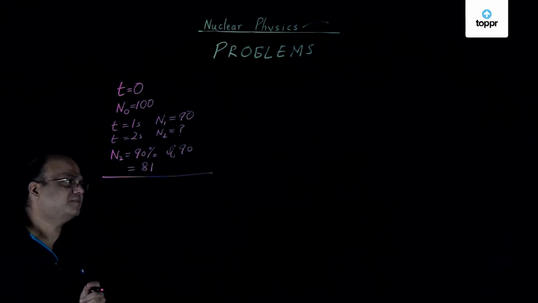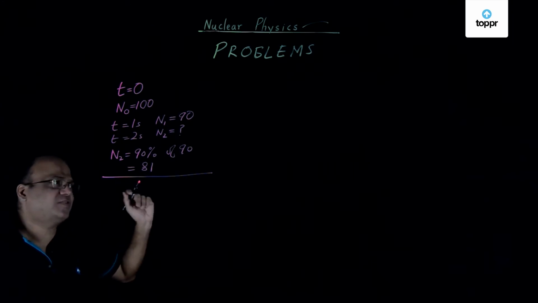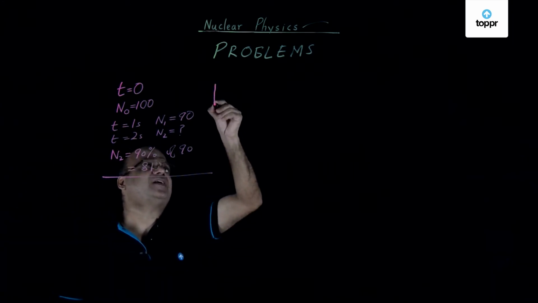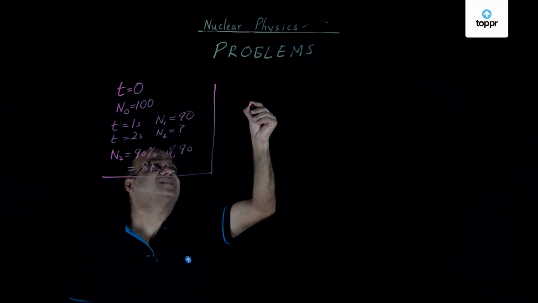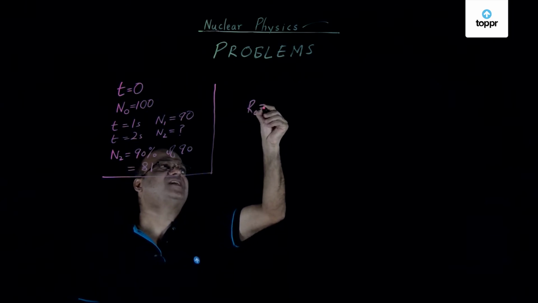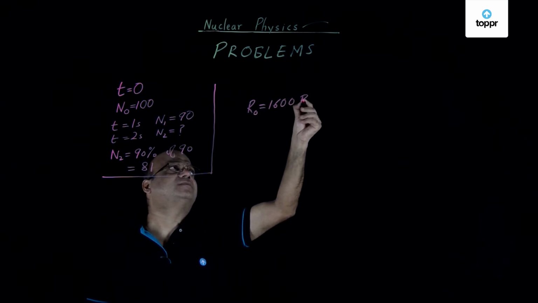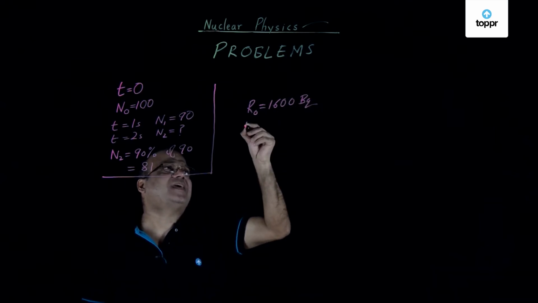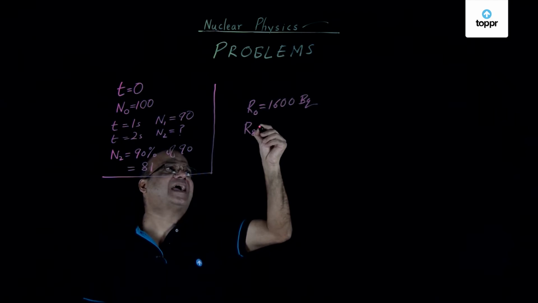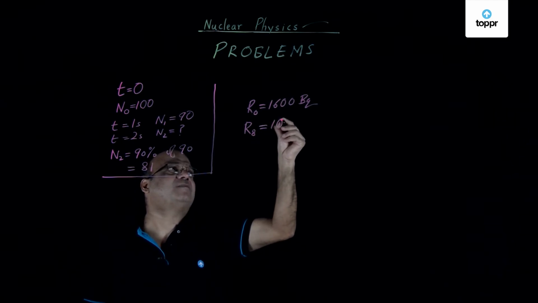Next problem. At t equal to 0, the activity of a radioactive substance is 1600 becquerel. At t equal to 8 seconds, the activity becomes 100 becquerel.